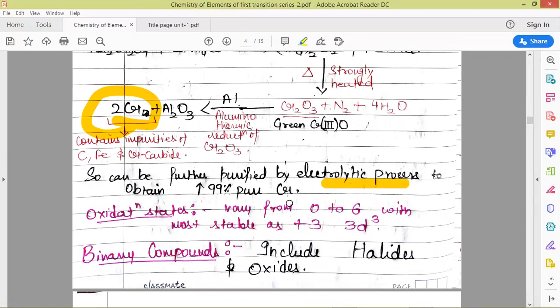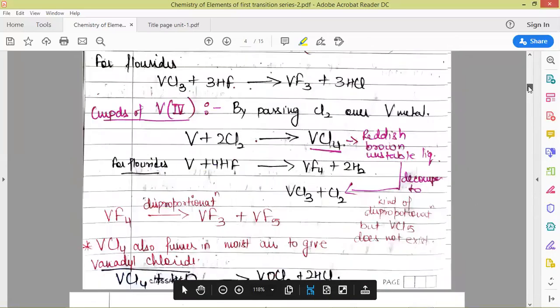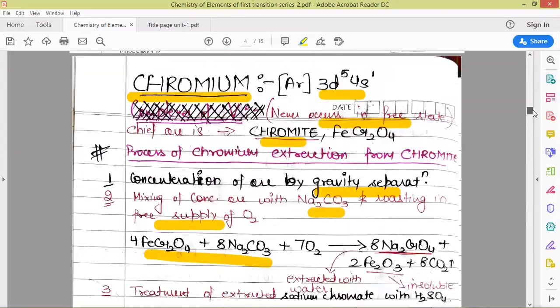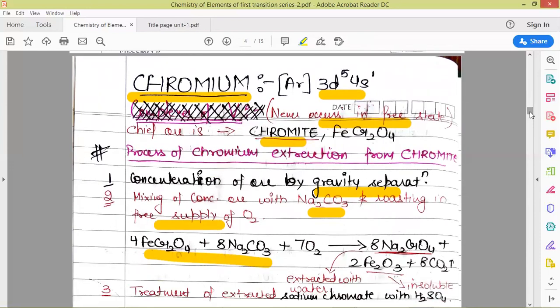Next, the oxidation states of chromium vary from 0 to 6. Here, as per the electronic configuration, after argon there are 6 electrons. As chromium belongs to the group of first 5 elements, the maximum oxidation state is the total number of electrons present in 3d and 4s subshell, and the minimum oxidation state is the total number of electrons present in 4s subshell.